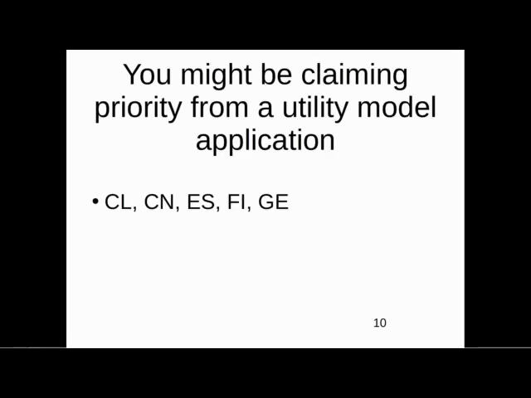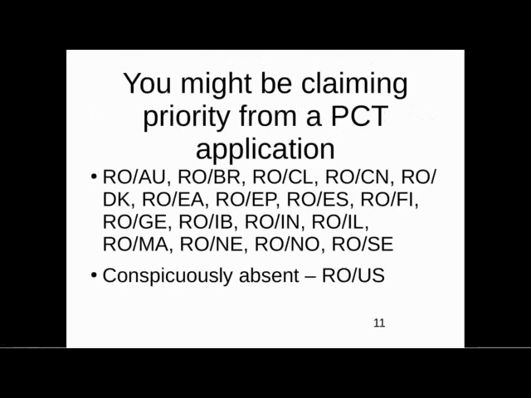And here you have Chile and you have Finland, and GE is what? Georgia. Yeah. So you need to keep these things in mind, because you never know when these things might come up, that you might have an urgent client need that within the last 6 months, somebody filed a utility model case or a patent case, something like that.